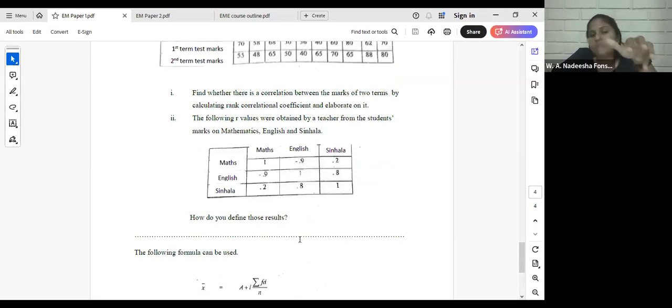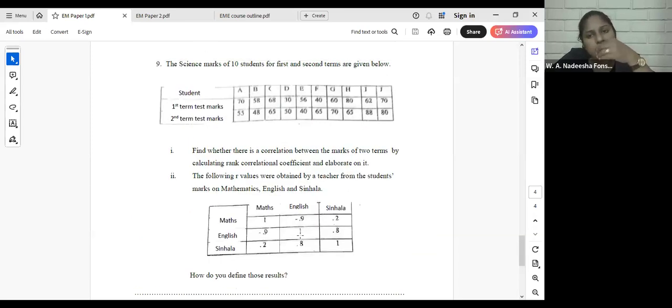Based on that R value, you have to elaborate your answer. If the R value is near to 1, it means there is a direct correlation between first term test marks and second term test marks.